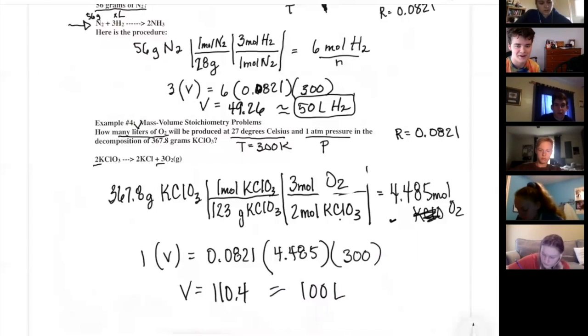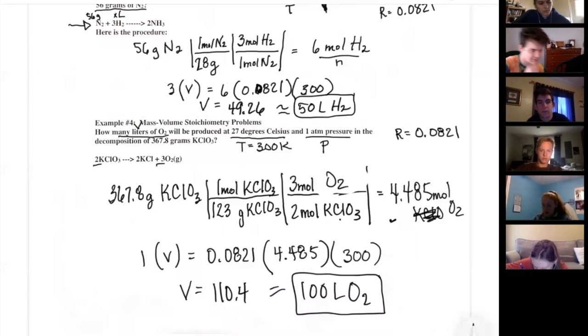Well, we have 1 ATM. All right. So there we go. Hopefully you were able to get 100 liters. All right, any other questions on this one? You kind of see the process.